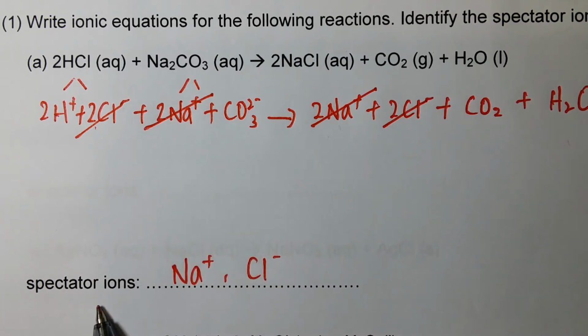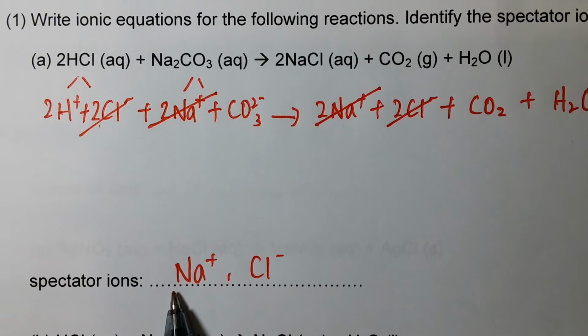Okay, so when you write the chemical formula of the spectator ions, you don't write the 2 in front. So for spectator ions, you can either write the chemical formula, like in this case Na+ and Cl−, or you can also spell out the words sodium ion, chloride ion, not sodium and chloride, but sodium ion and chloride ion.